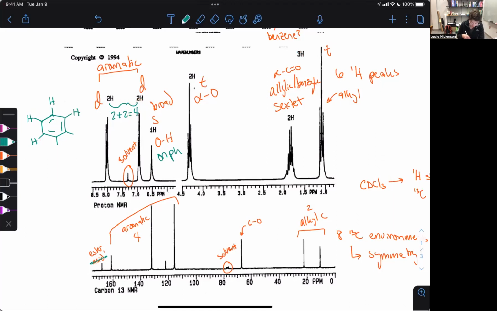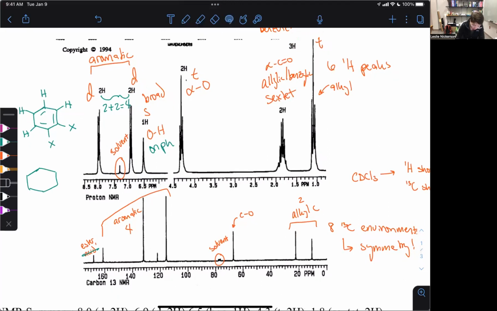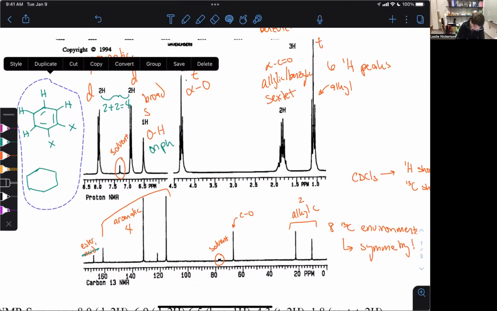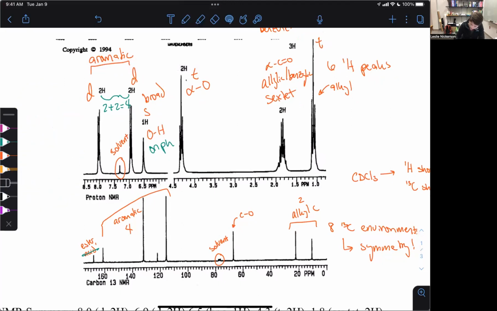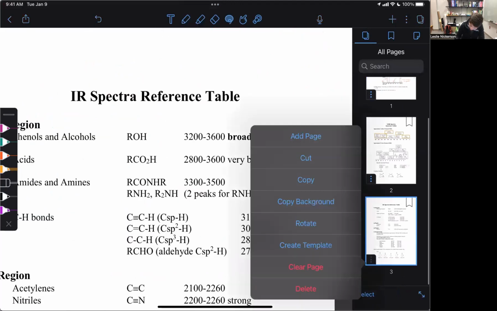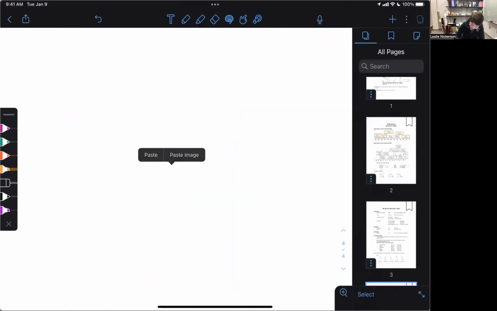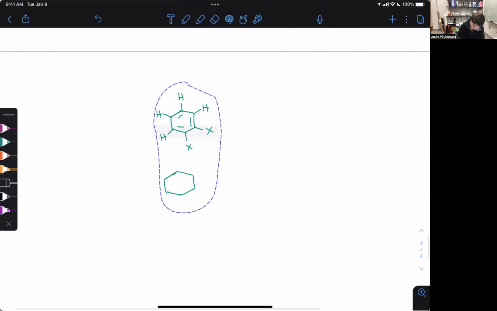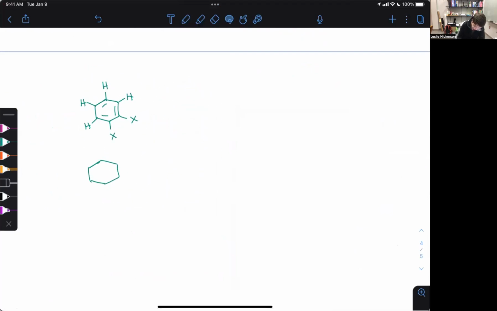So when I'm going through that, I have options in terms of what I actually have on here. I could have 2 of the same substituent on. Actually, we're gonna move this discussion to a different page real quick. Okay, so I could have 2 of the same substituent right next to each other.